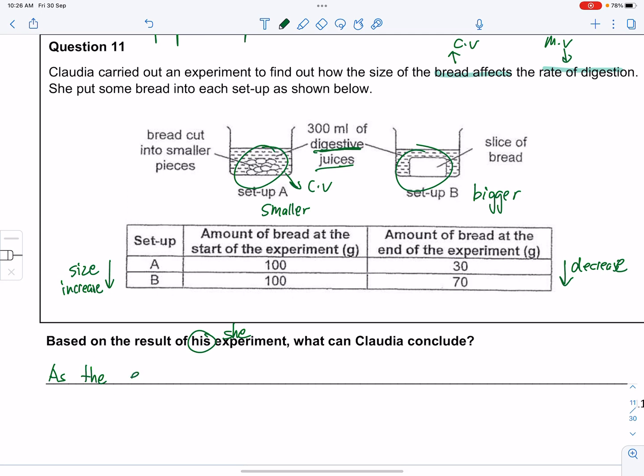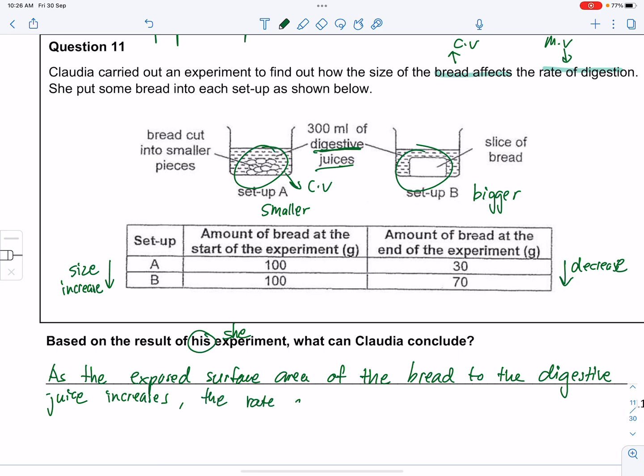As the exposed surface area of the bread to the digestive juice increases, the rate of digestion increases.